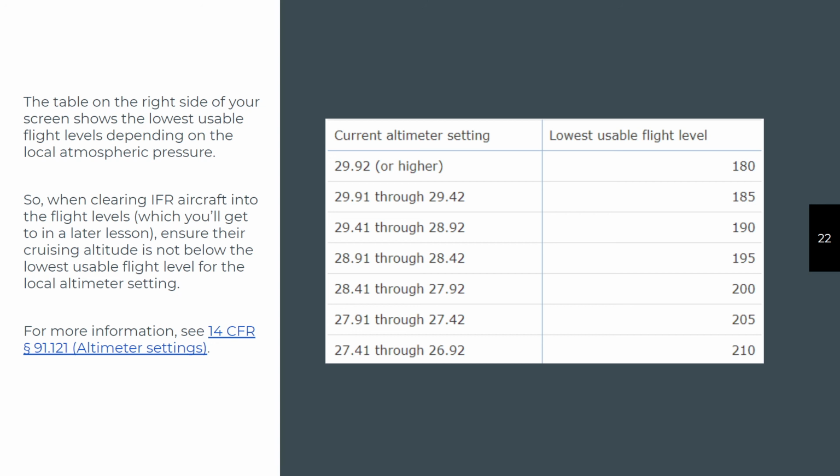So the way we compensate is people who are going to use a transition altitude setting when we have low pressure simply aren't given a clearance below one of these altitudes.